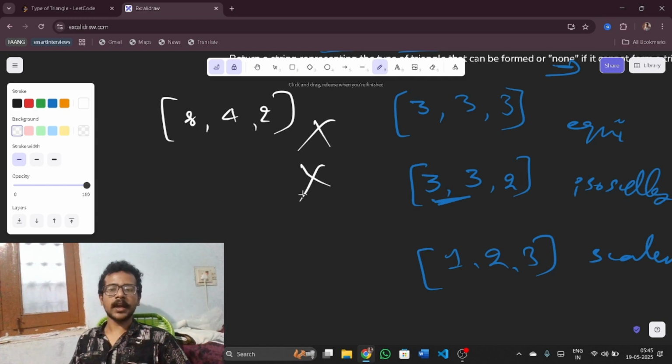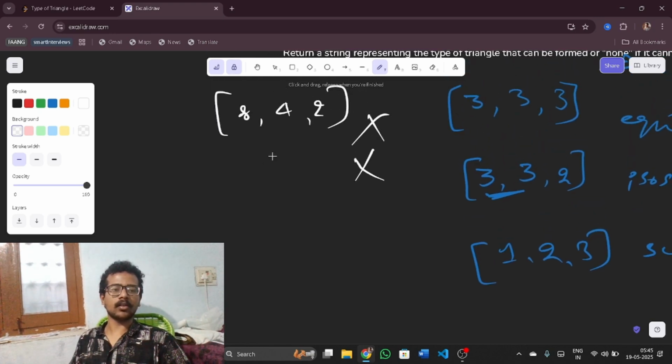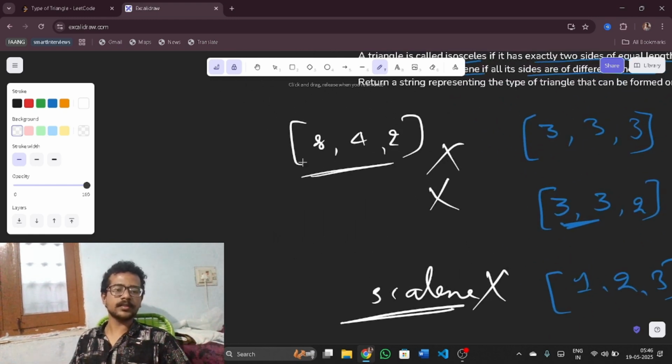So it is not even an isosceles triangle. Let us see whether it is a scalene triangle. Here I have different sizes, so I could return scalene, but it is not, because this will not even form a triangle.